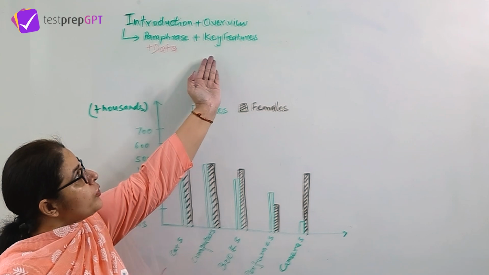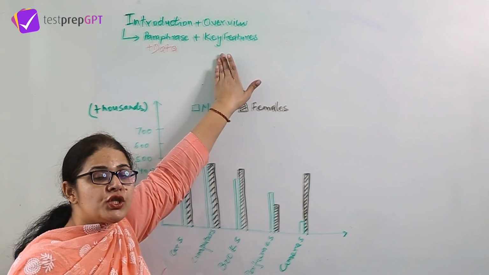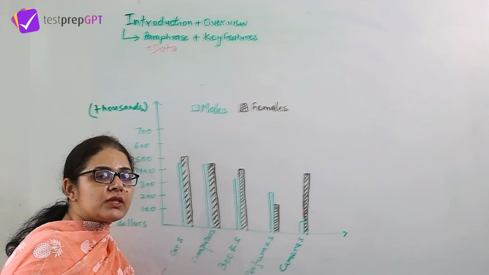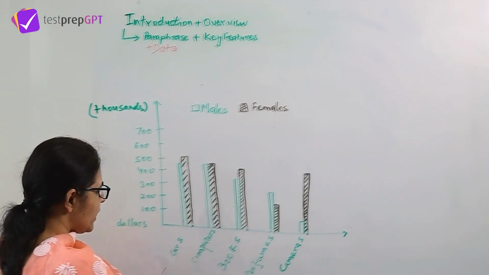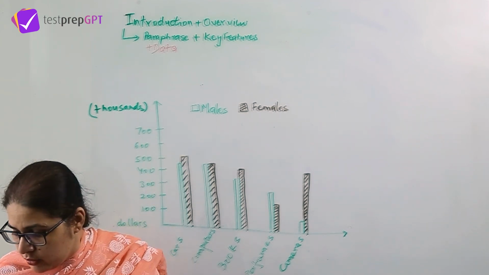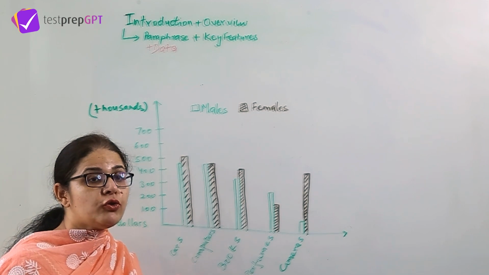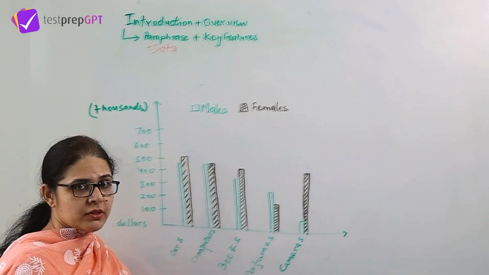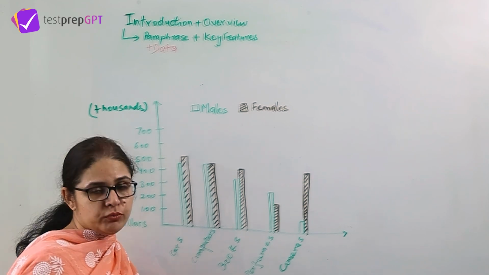Now next we are going to look at what key features we are going to add. What are the key features of this graph? If you look at this graph, the first key feature you can look at is who spent more money out of males and females on these 5 consumer goods.